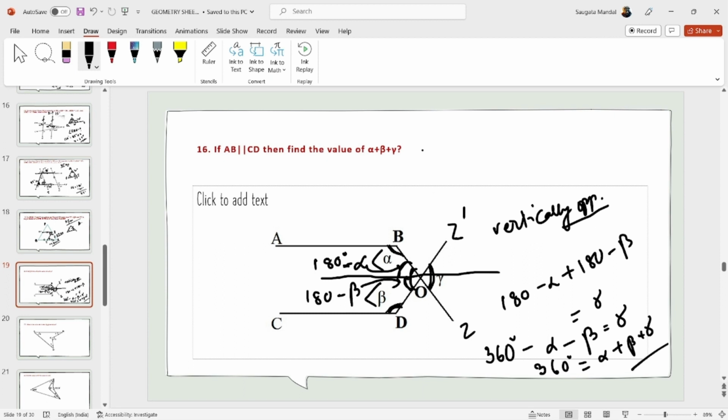Then what is the value of alpha plus beta plus gamma? The value of alpha plus beta plus gamma is equal to 360 degrees. This is the answer of this question.